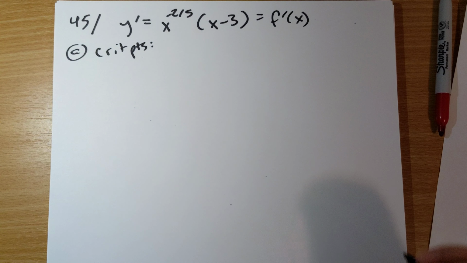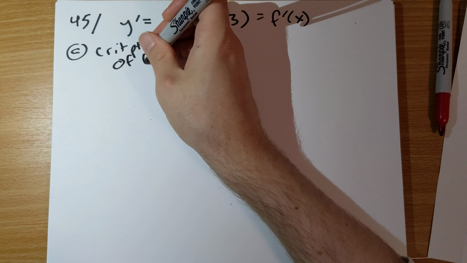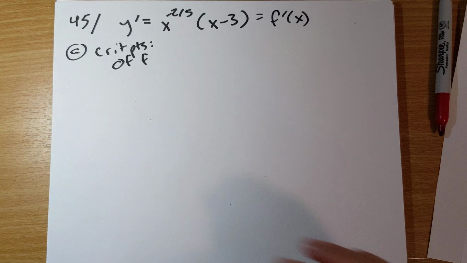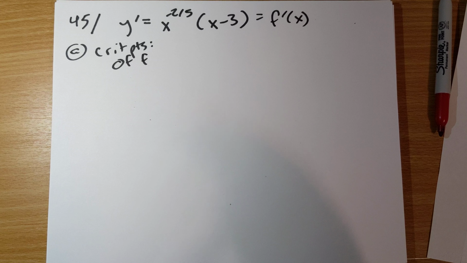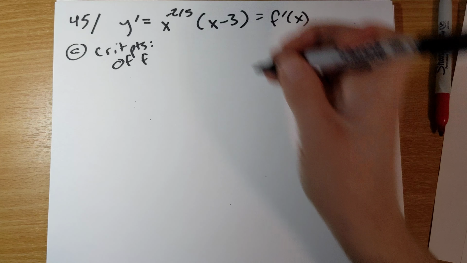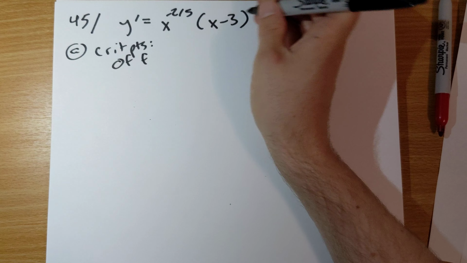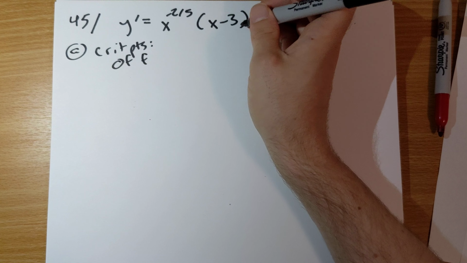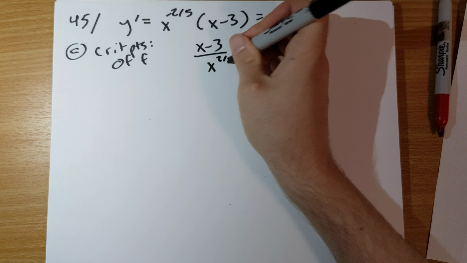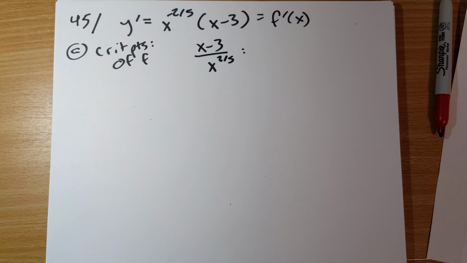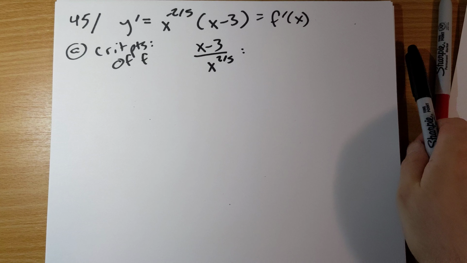So this is when the derivative, and let's be clear, the critical points of f, this is when the derivative of f either does not exist or is equal to 0. So I'm going to rewrite x to the negative 2/5 times x minus 3 as x minus 3 over x to the 2/5. So we can see that there's two critical points here.